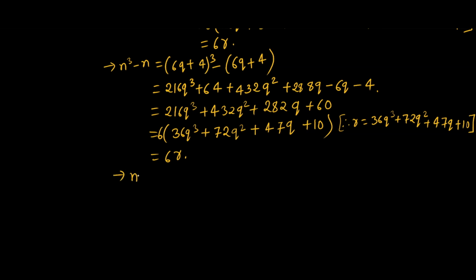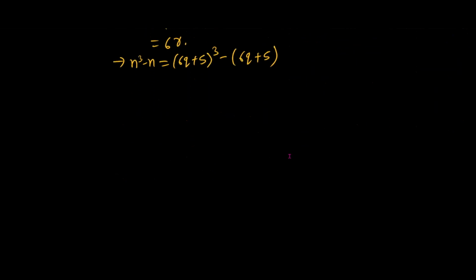So we will take n cube minus n is equals to 6q plus 5 whole cube minus 6q plus 5. So this is the last step.